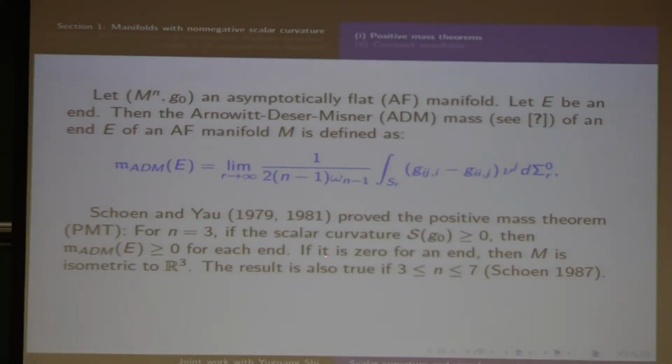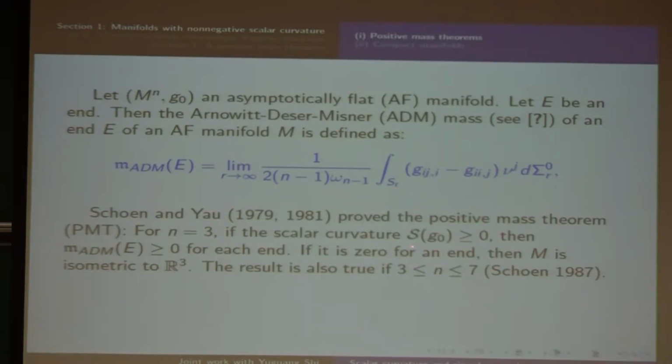If it is 0 for one end, because the manifold may have several ends, then M itself should be Euclidean space. The result can be generalized to dimension n from 3 to 7. The reason for this dimension restriction is that in their proof, they construct a certain kind of minimal surface, which is area minimizing, and they use the second variation formula together with all kinds of conditions to get a contradiction.